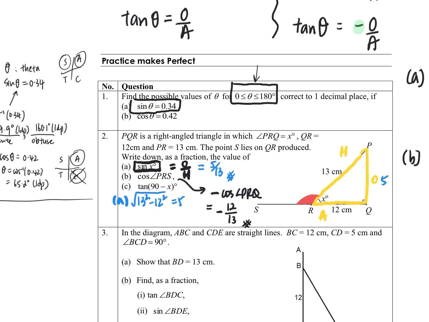Okay, see, PRS is this obtuse angle. So I'm interested in finding the angle beside it, which is the acute one. So same thing, when I was 150, I go into my second quadrant. But I cannot find the ratio using a non-right angle triangle. I have to look at the ratio beside it.